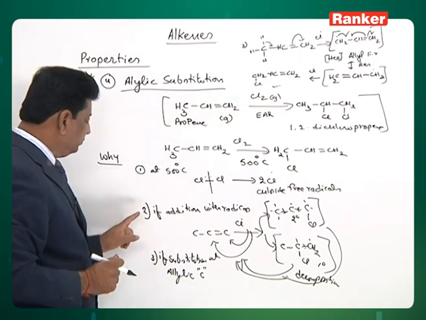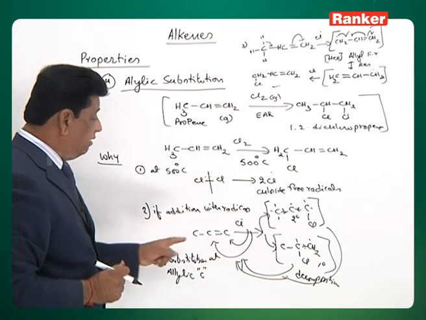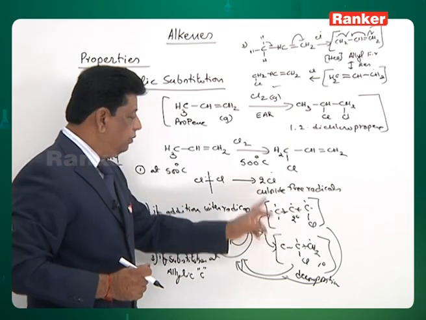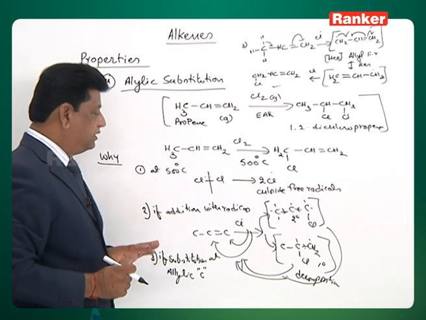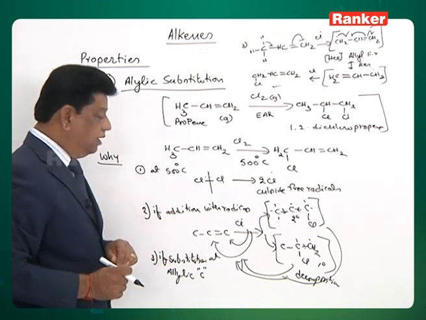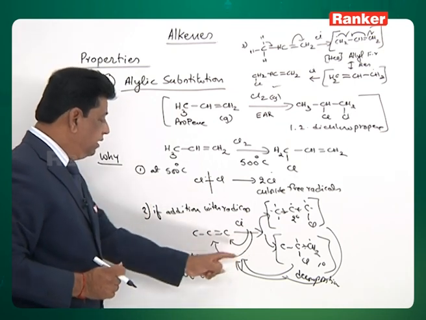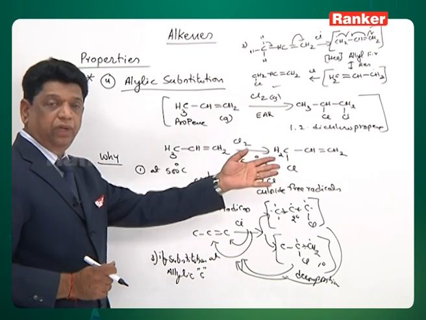Second, if addition takes place with the dots, it adds on the double bond and you get 1 degree, 2 degree radicals. Both have some resonance, inductive effect stabilization, hyperconjugation, but that is not much stable because at 500 degrees they decompose back and give the alkenes. There is no much progressive reaction.